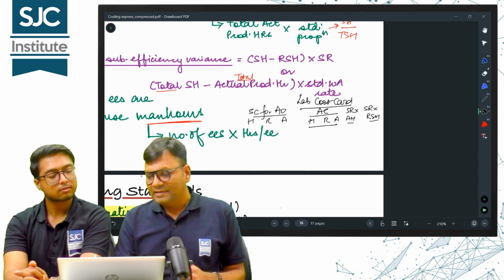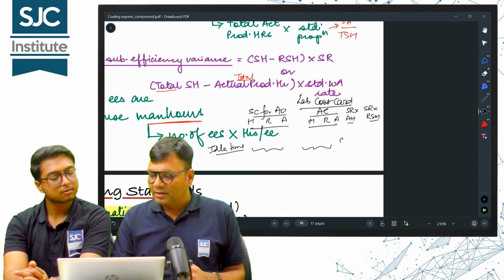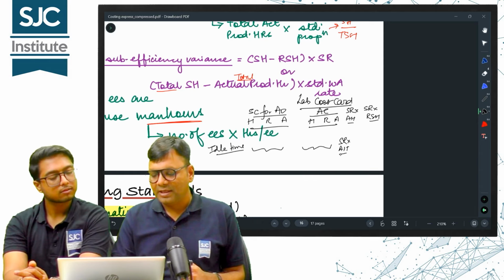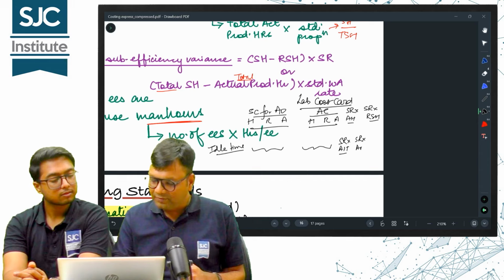But say idle time is given. If idle time is given, then how will you make the columns? This is the same, but the columns will come as standard rate into actual idle time. That will be the first column, which will help us to calculate idle time variance. Then standard rate into actual productive hours.